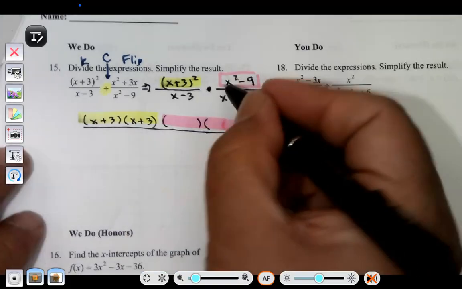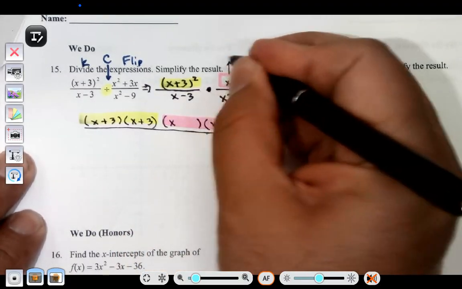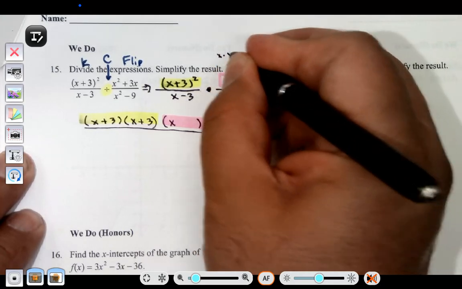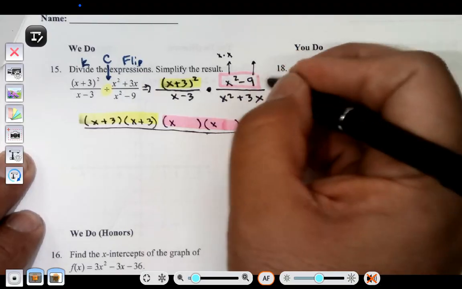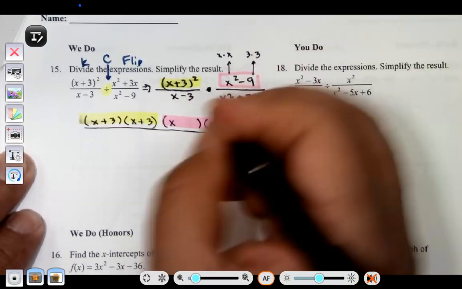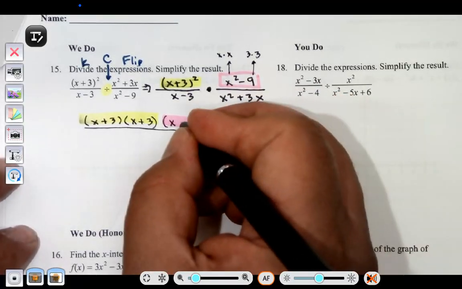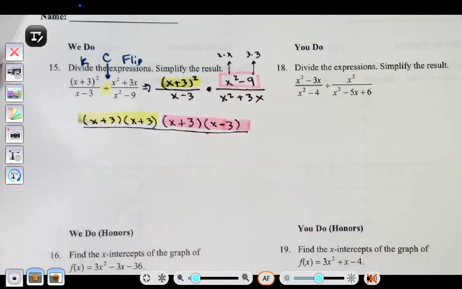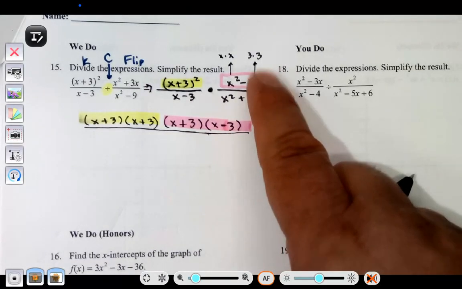It says x squared, so I already know to put 1x and 1x, because that's what gives me x squared, x times x. But in a difference of squares, I want to get a 9, and it has to be the same number. So that's 3 times 3. Well, there's my 3, there's my 3. And according to the word wall, one's a plus, one's a minus. So that takes care of that pink one for us.